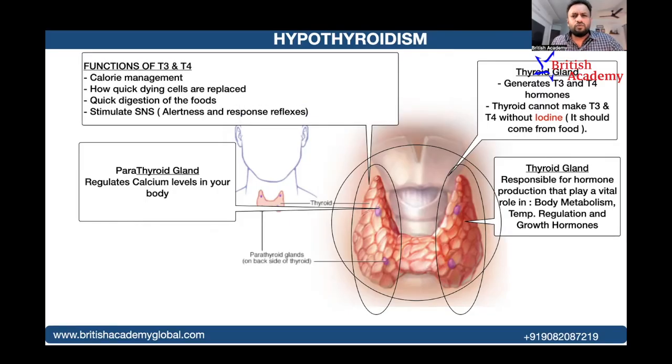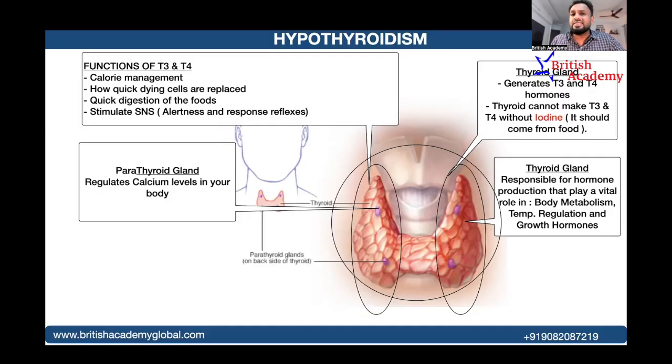Now, what are the functions of these hormones, T3 and T4? The major function is that it helps you digest your food. It helps in calorie management. Also, all the dying cells in your body are replaced. It helps in quick digestion of food. It also stimulates your sympathetic nervous system, which means your alertness, your response reflexes, your mood, everything is controlled by these hormones produced by the thyroid gland.